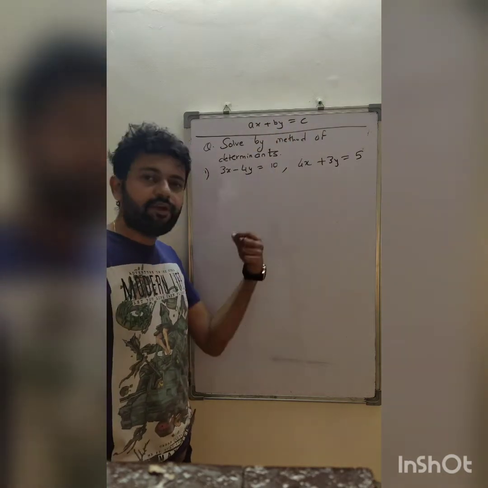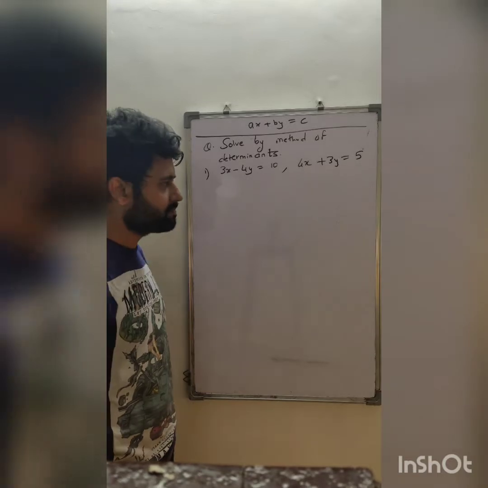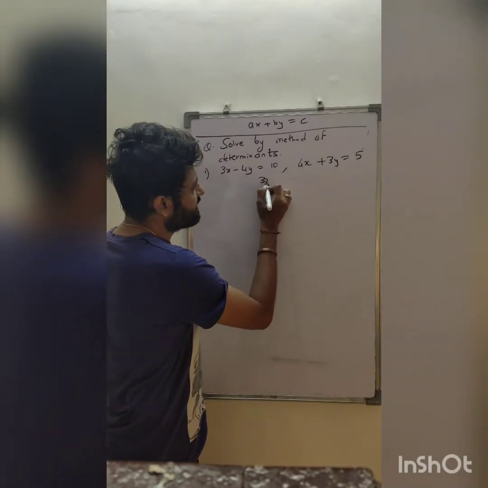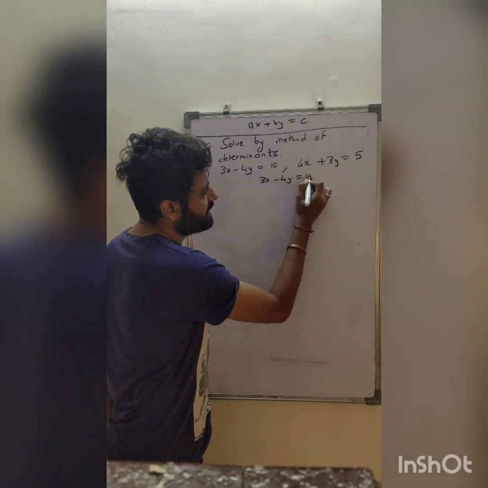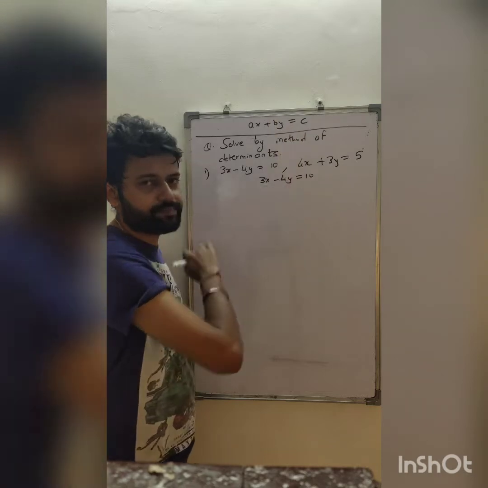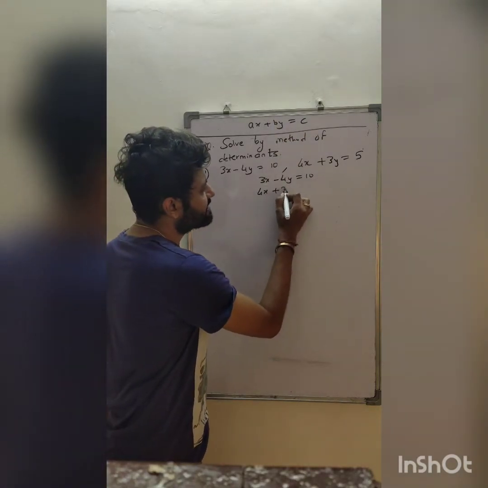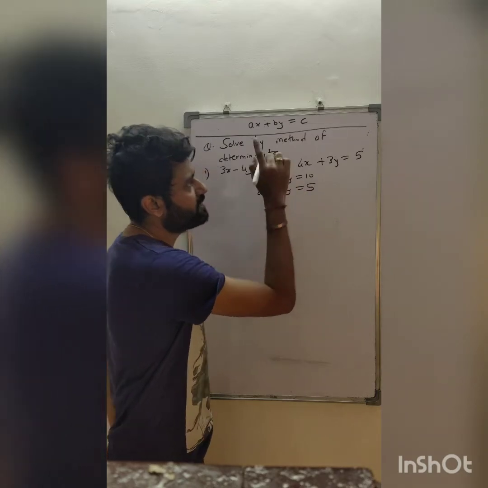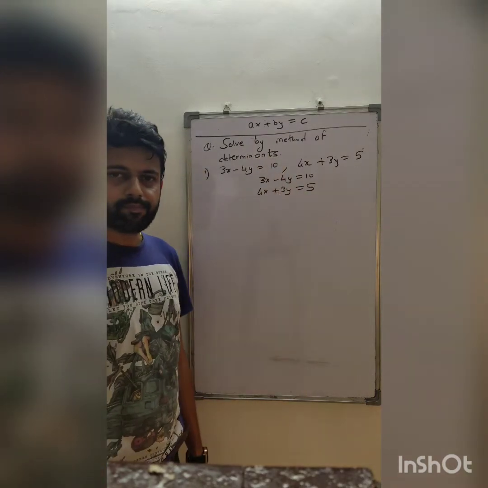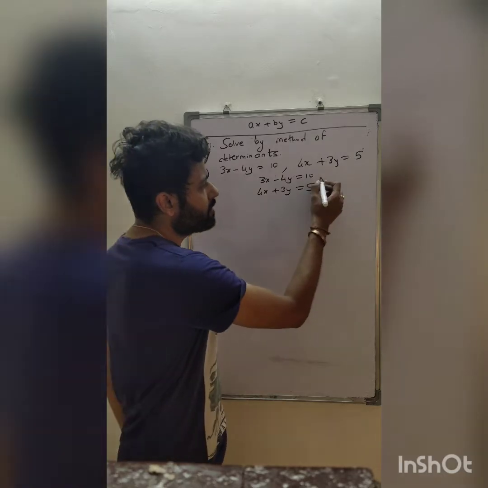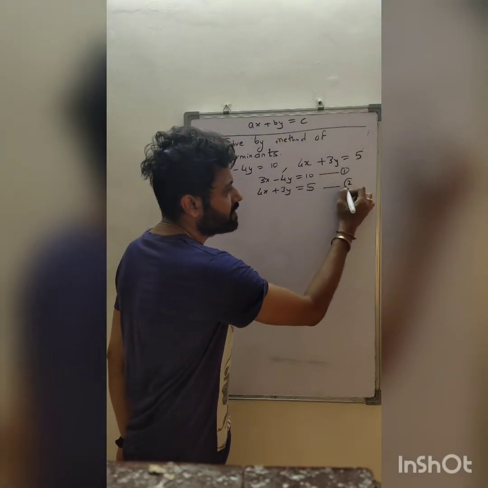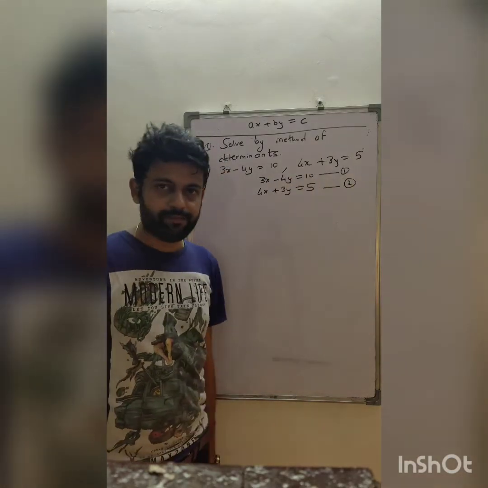First x, then y, and the constant on the other side. The first equation, 3x minus 4y is equal to 10, is in this form. The second equation, 4x plus 3y is equal to 5, is also in the same form. If you want, you can write number 1, number 2. Optional.